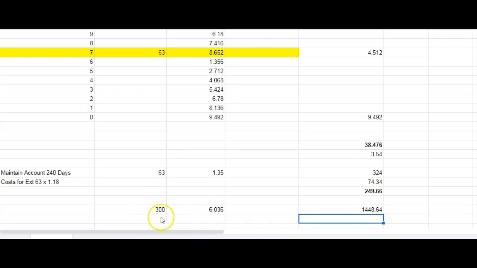Now, with 300 rented referrals, you're earning $1,448 for 240 days' worth of your rental period. Now, you will have, of course, your costs for your 300 rented referrals, which is 300 multiplied by $1.18.